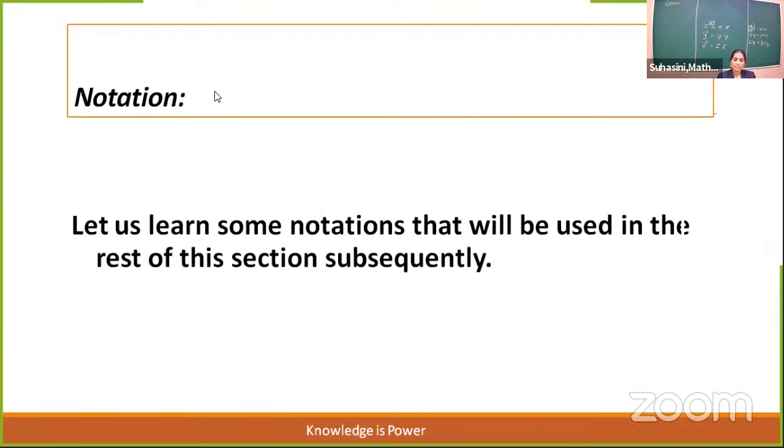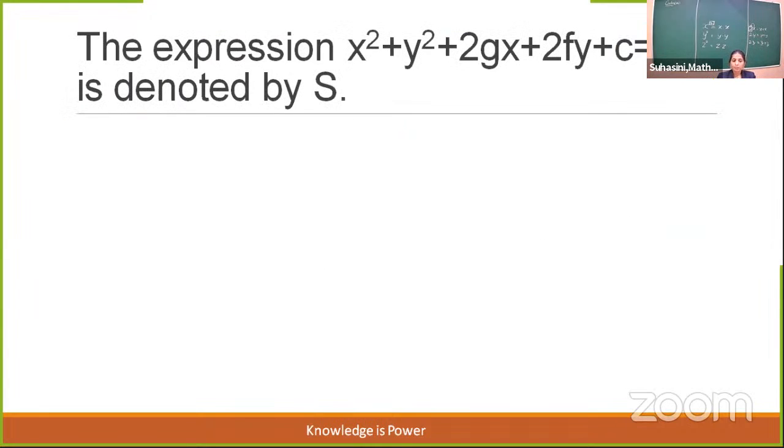Let us learn some notations that will be used in the rest of the session subsequently. The expression x square plus y square plus 2gx plus 2fy plus c equal to 0 is denoted by S. We have seen the standard form of the circle as x minus h whole square plus y minus k whole square is equal to r square.